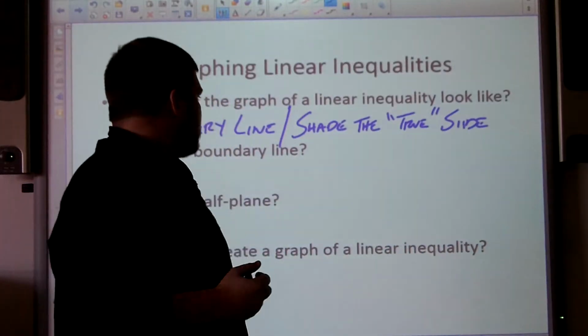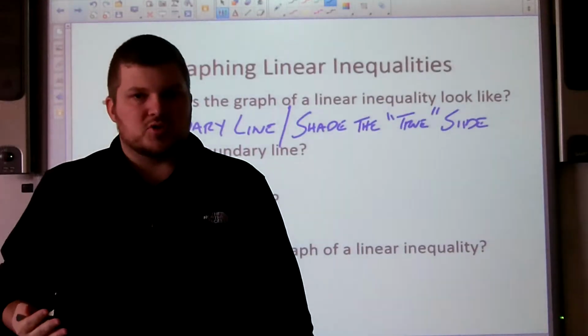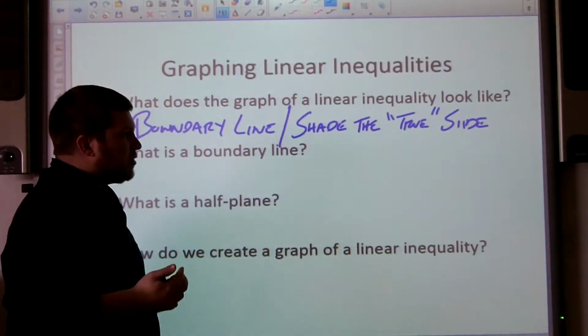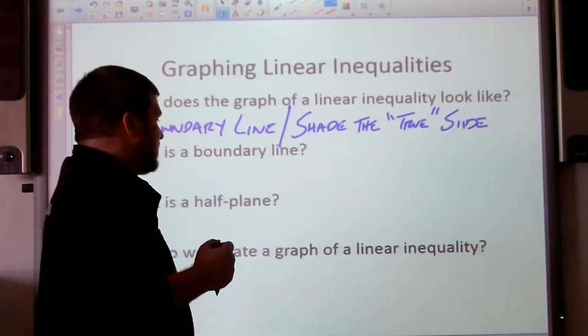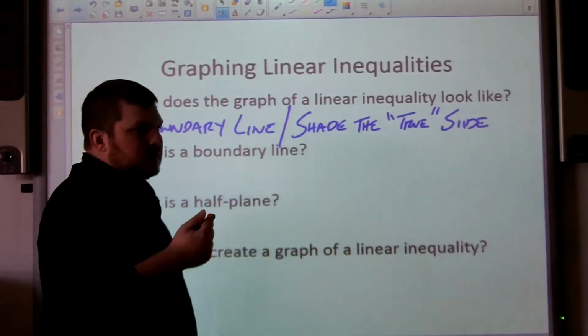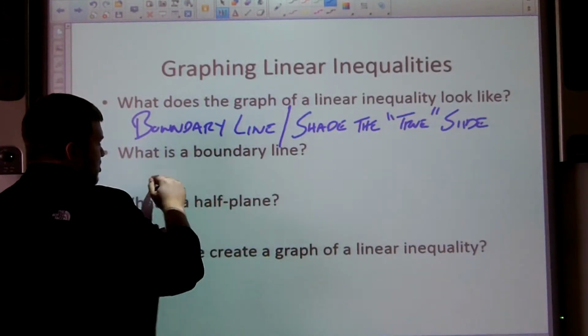In other words, we're going to shade the side of the boundary line where all the points are solutions. A boundary line is just what the linear equation would be if instead of an inequality, we use an equal sign. So it's just a straight line.